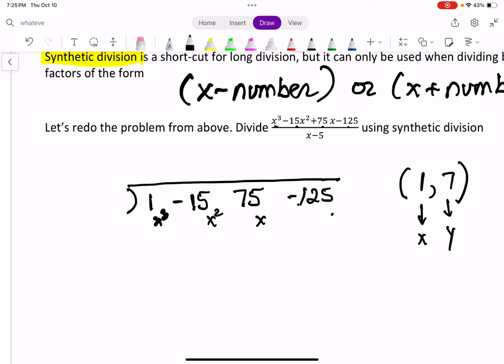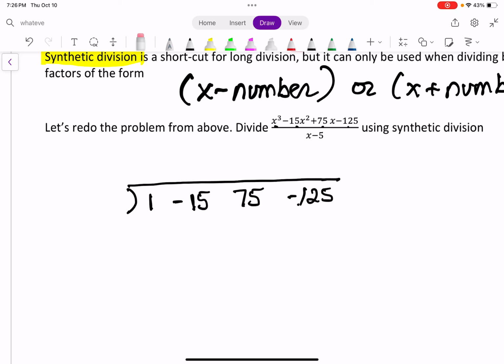I can't mix them up and still assume the first one's x and the second one's y if I don't apply the rule that they have to always be in this order, right? So they have to be in descending order. And also, if you are missing a term, as we'll see in the next examples, you must fit them in with 0 coefficients.